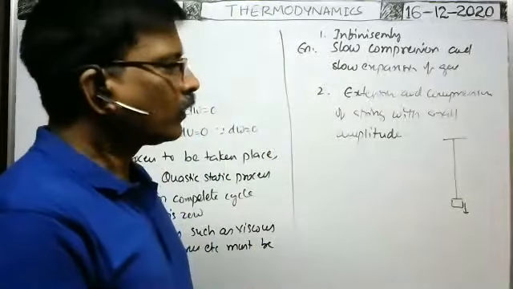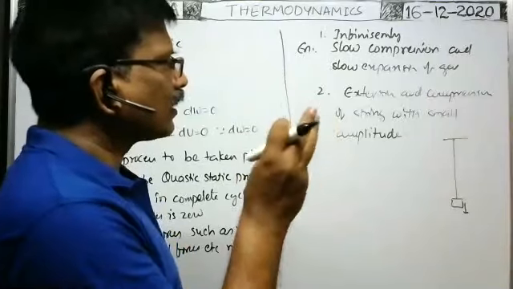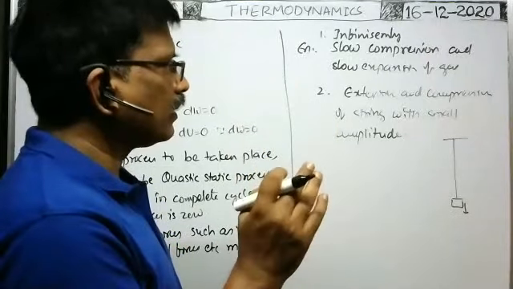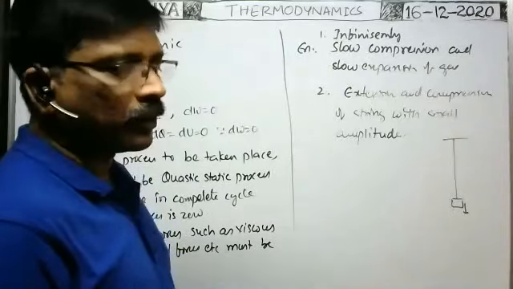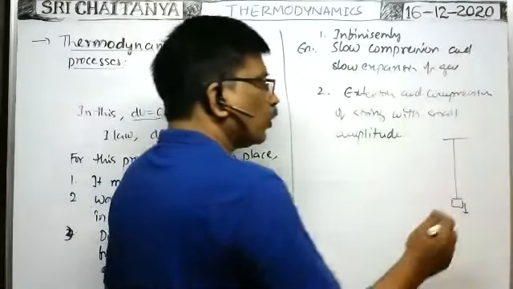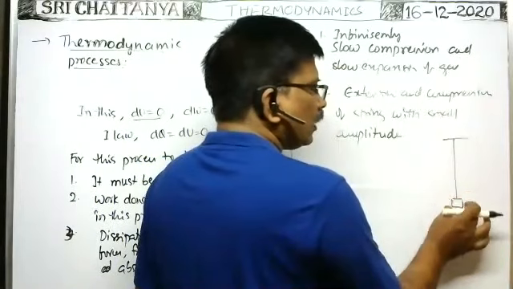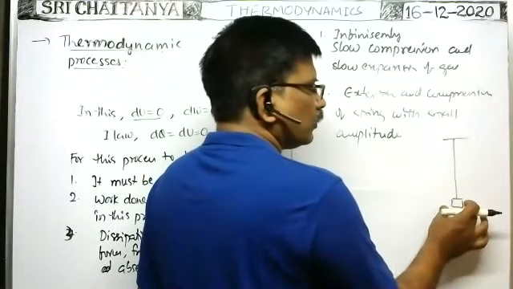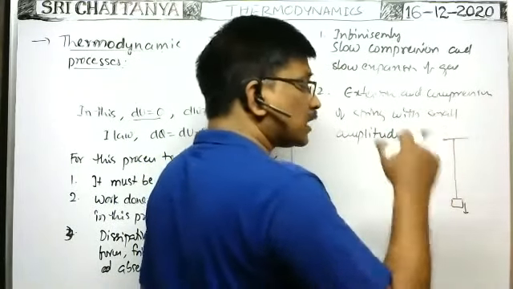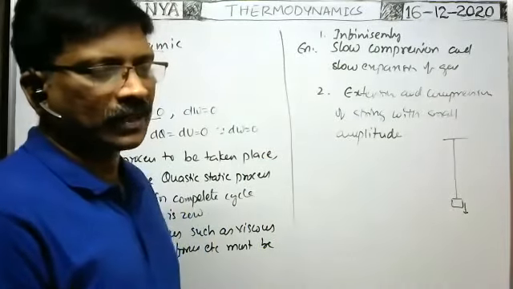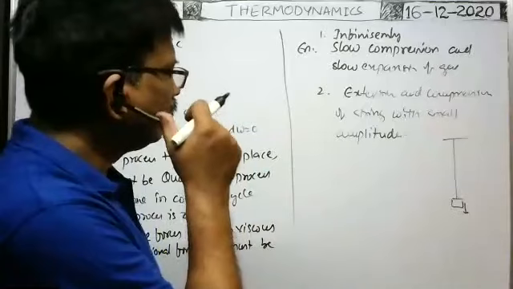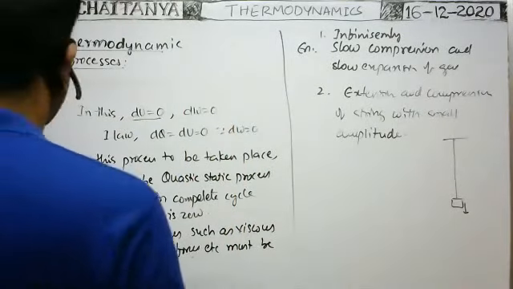Whenever extension and compression take place in the string with a small amplitude, the reversible process is obeyed. Moreover, with a smaller amplitude, there is no considerable work done against air friction or viscous forces. So these are the examples for reversible process.